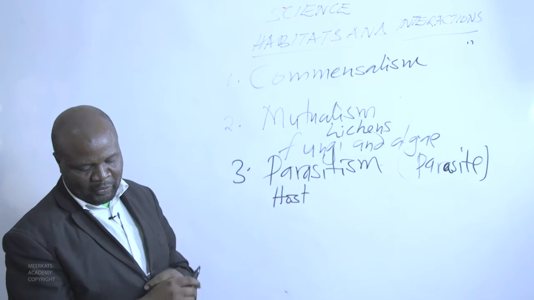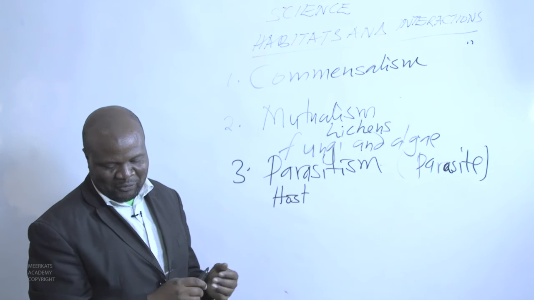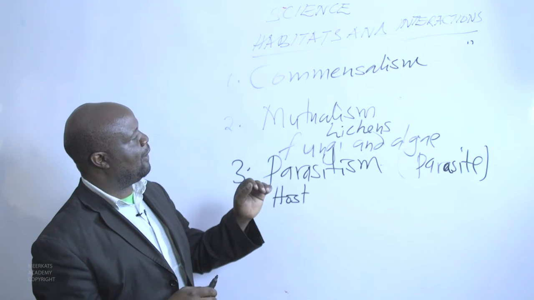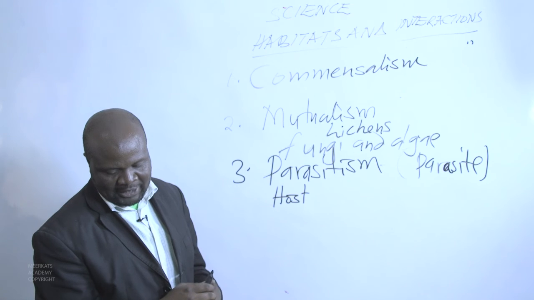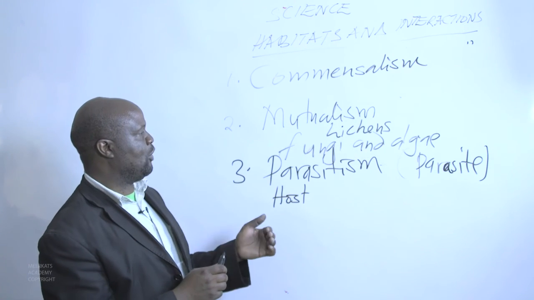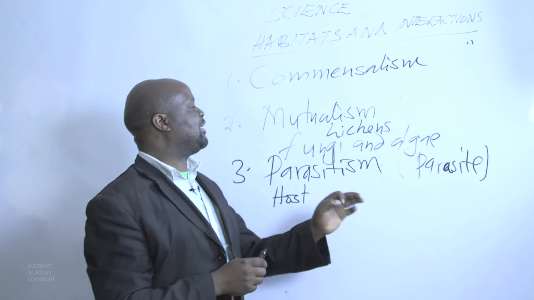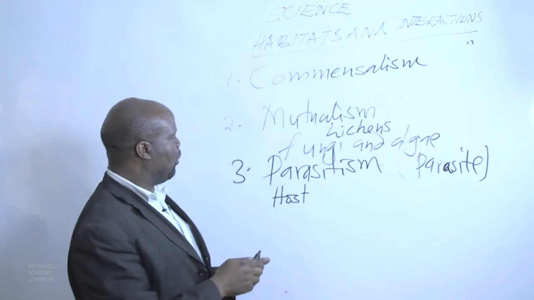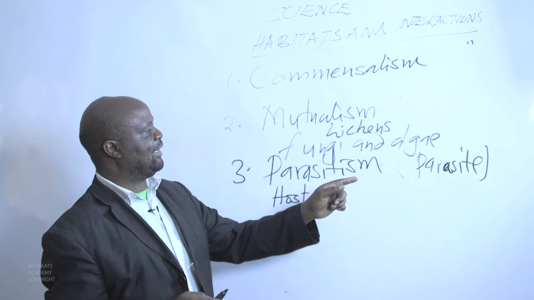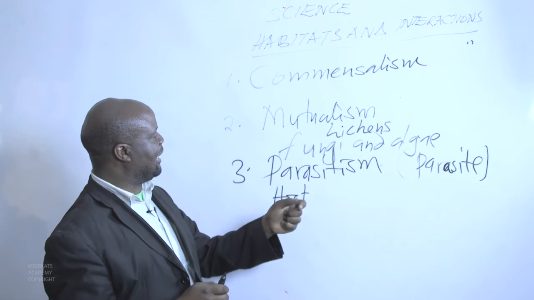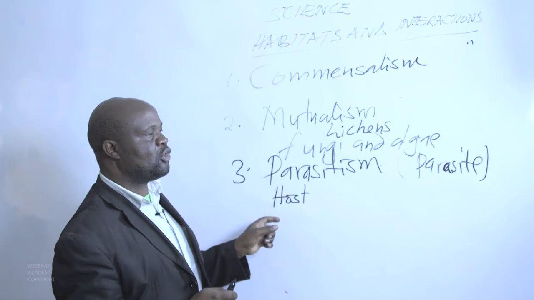And on this situation, it's a bit funny that the host will give the parasite a shelter. When we talk of a parasite, one organism is gaining while another organism is not gaining. So the host organism is not gaining from the parasite. It is a kind of one-way relationship whereby the parasite alone is gaining from this relation and the host is not gaining.